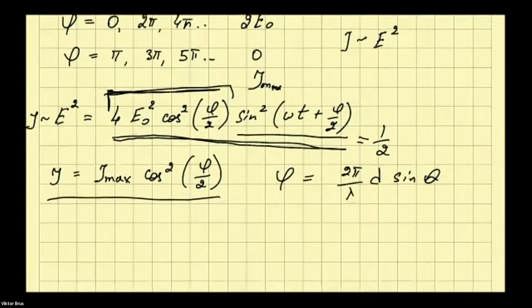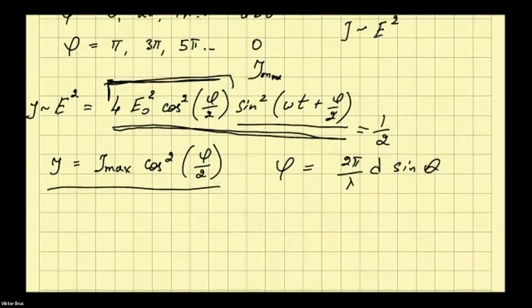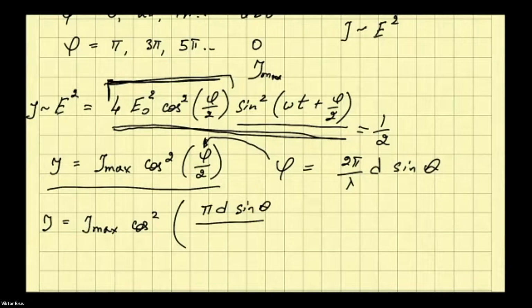Now we can substitute it in this expression for light intensity distribution. So it will be I equal to I maximum cosine squared of pi times d times sine theta divided by lambda.